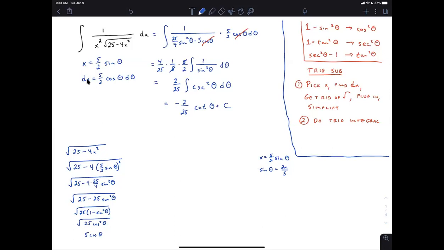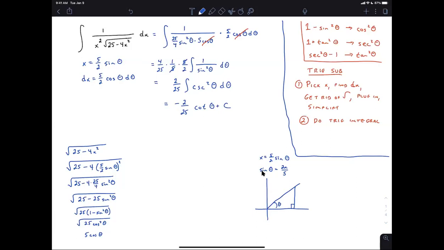Okay, we're now going to draw an angle in the first quadrant. So we're going to say, okay, theta, we're going to assume, is an angle in the first quadrant. And tomorrow we'll talk about why that's okay. But we're always going to go with the first quadrant. And then we're going to draw a right triangle to the x-axis. And we're going to label the triangle based on trig.